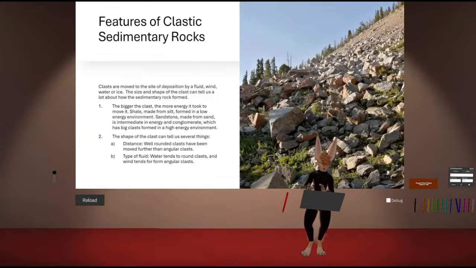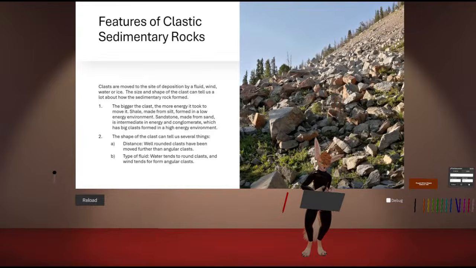Shale is made from silt formed in a low energy environment, while sandstone is made from sand and is intermediate in energy, and conglomerate, which has big clasts, formed from high energy environments. The shape of the clasts can tell us several things.